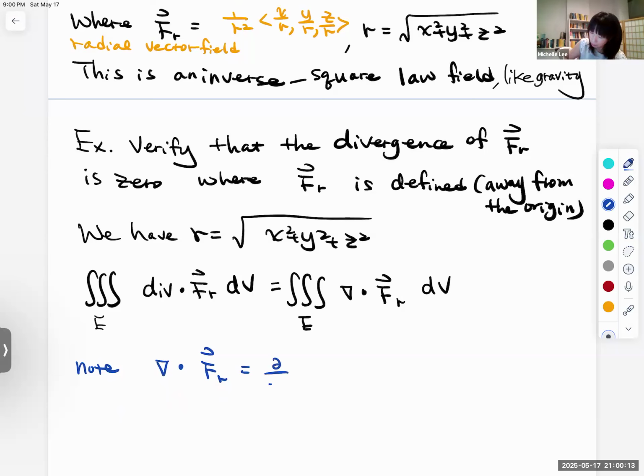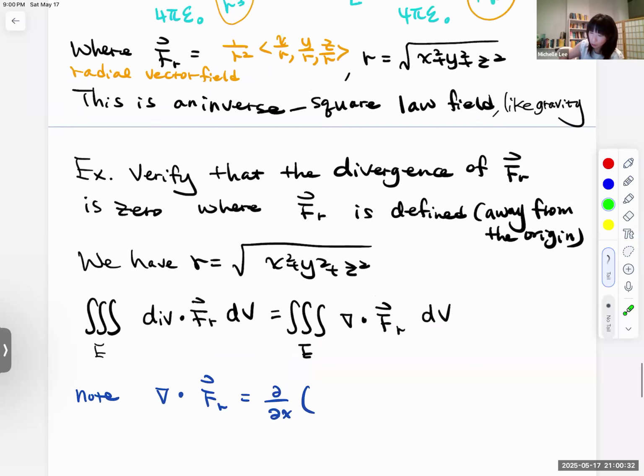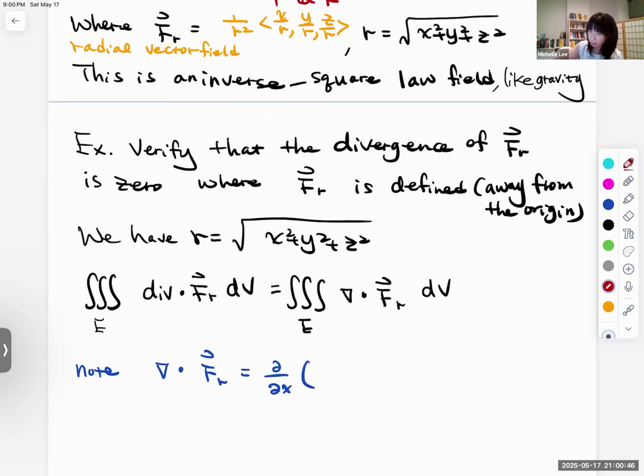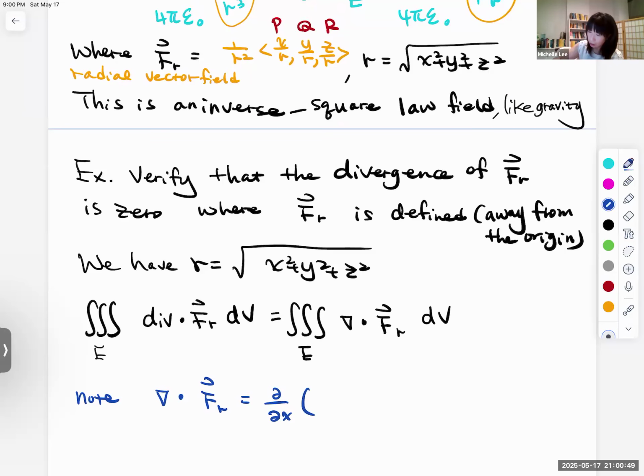So the partial derivative with respect to x of the radial field, look, we have x, y, z components, right? So if we multiply, there will be r to the third power. So this will be the component P, and this is Q, this is R, right? So we have x over r to the third power.